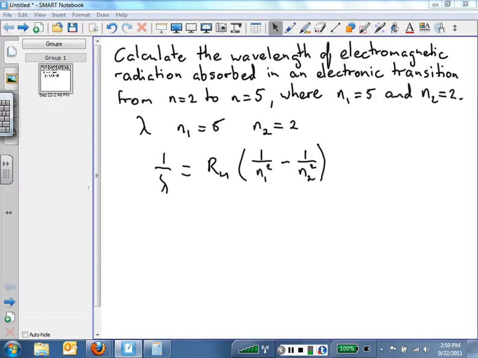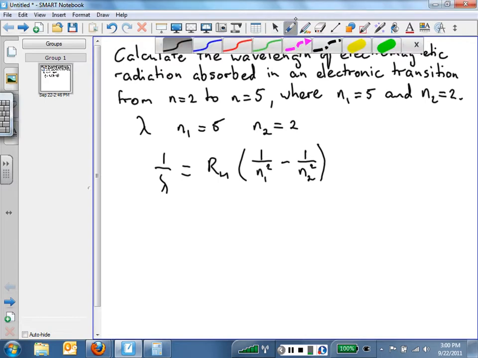The only other thing we need to find now is RH, which is a constant and is found in your text or your data sheet on an exam. RH equals 1.097 times 10 to the minus 2 per nanometer, or nanometers to the minus 1.